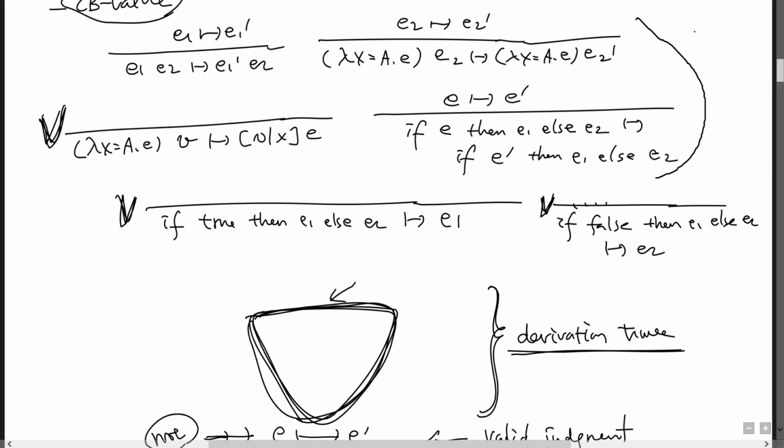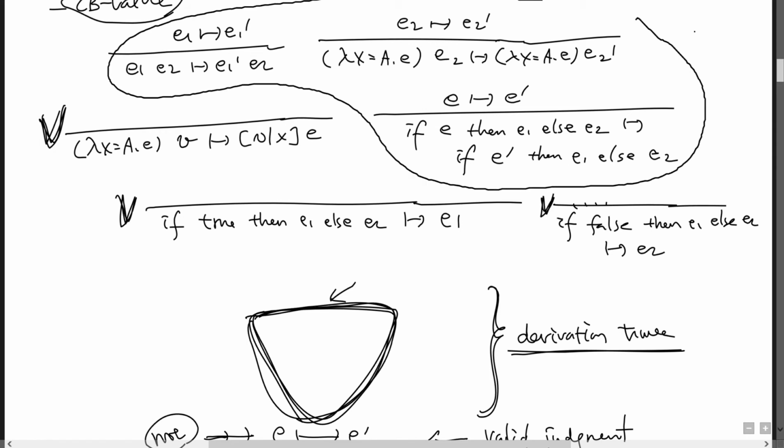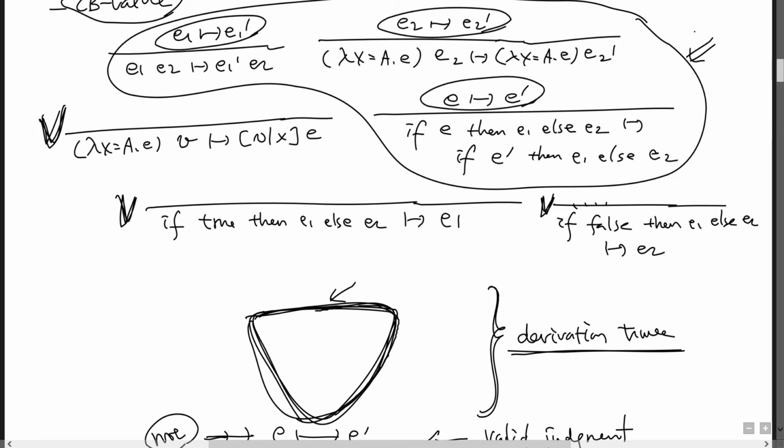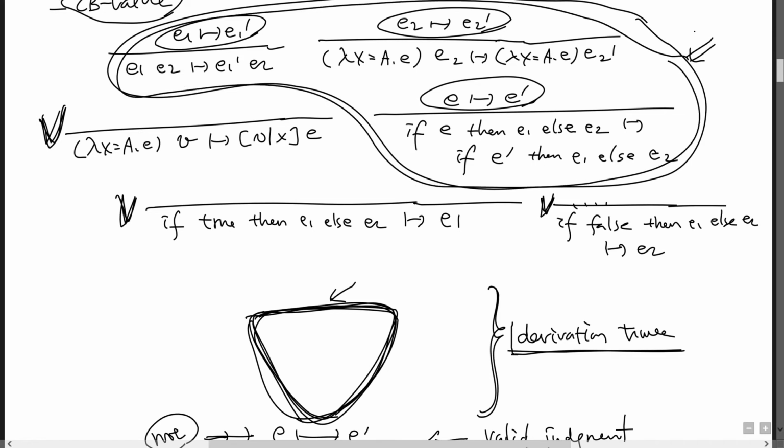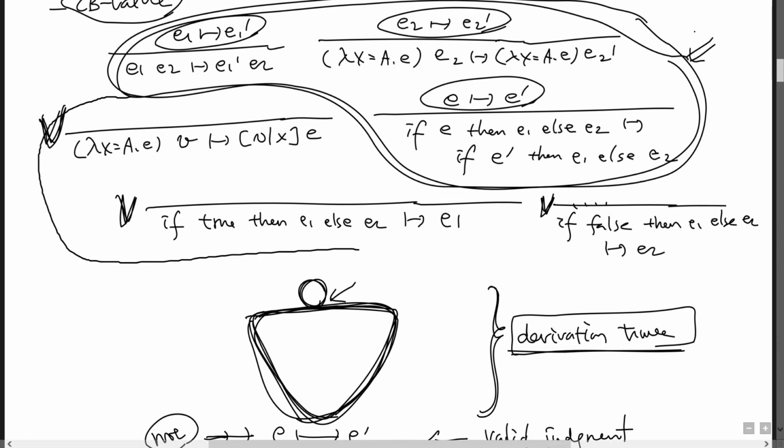Not these three reduction rules, because these three reduction rules are not axioms. They have premises. So the derivation tree cannot terminate with an application of one of these rules. It must terminate with an application of one of these inference rules, which are all axioms.